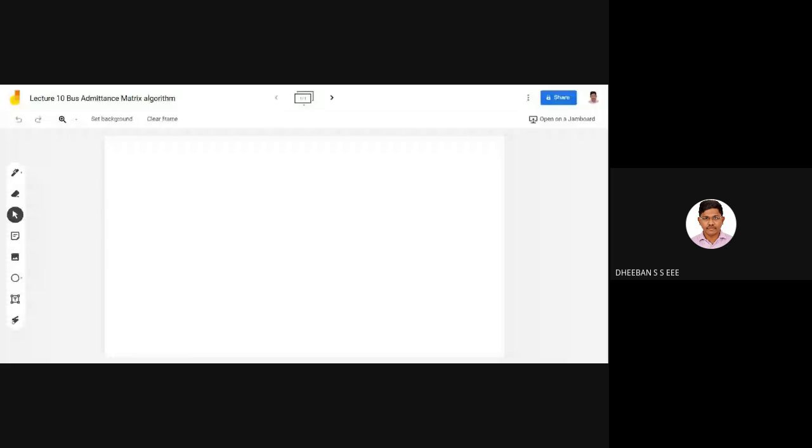So now we will be going towards the algorithm, the step-by-step method for solving your bus admittance matrix.